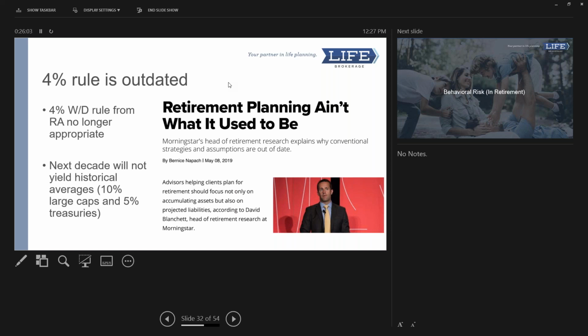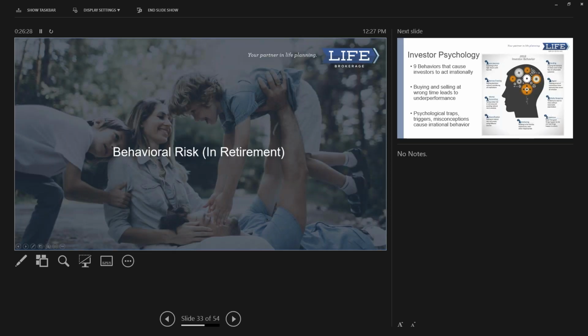If anyone's opened the Wall Street Journal, we're not even close to 5% treasuries. So the 4% rule is, in fact, outdated, and experts say 2.7% is the most appropriate distribution rate to use in retirement because of how low bond yields are currently.